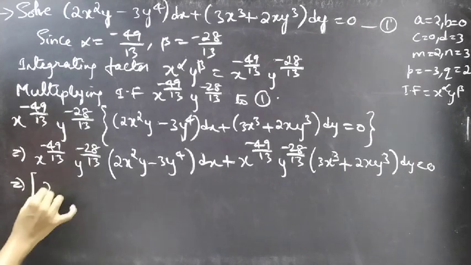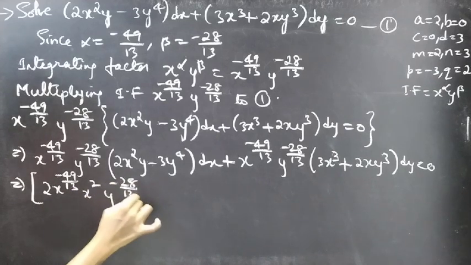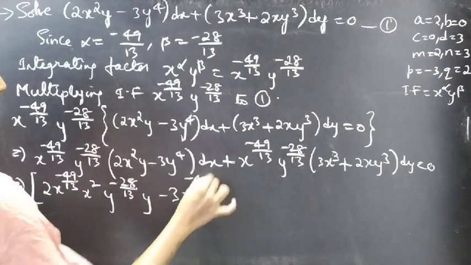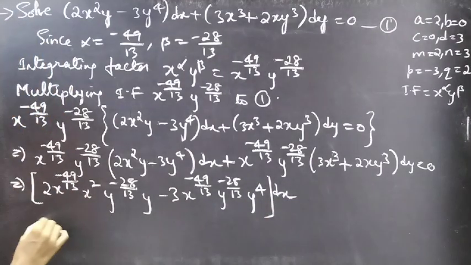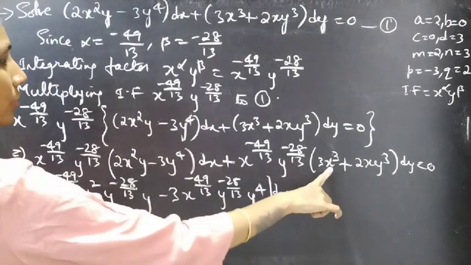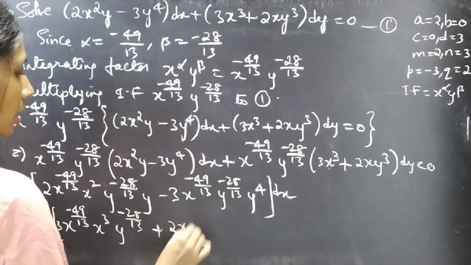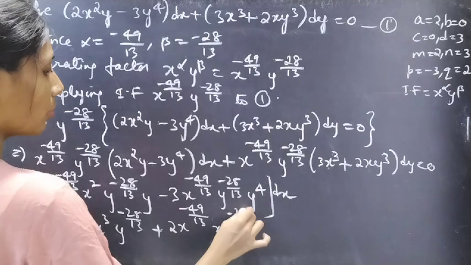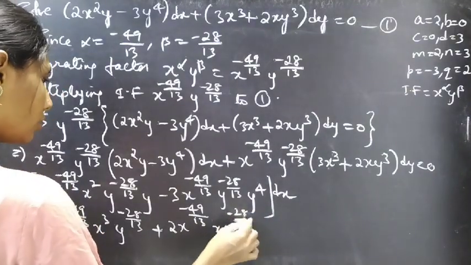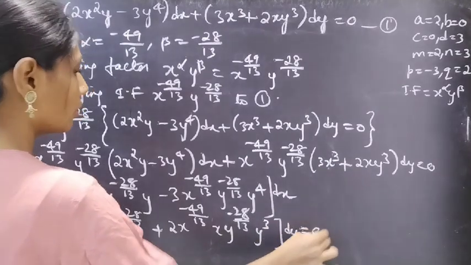Now we'll write this as 2x power minus 49 by 13 into x square, y power minus 28 by 13 into y minus 3x power minus 49 by 13 into y power minus 28 by 13 into y power 4 into dx plus 3 x power minus 49 by 13 into x cube, y power minus 28 by 13 plus 2 x power minus 49 by 13 into x, y power minus 28 by 13 into y cube into dy equal to 0.